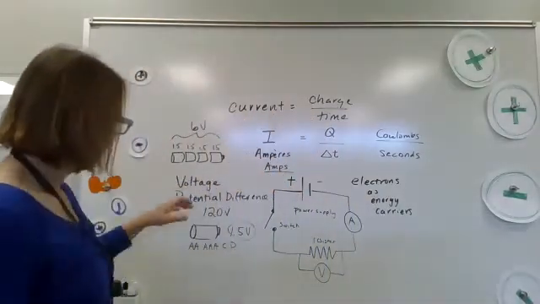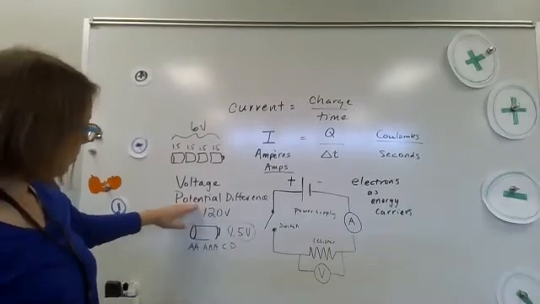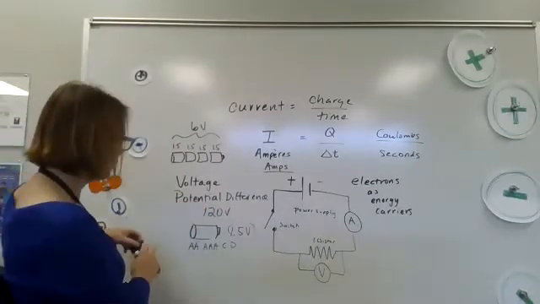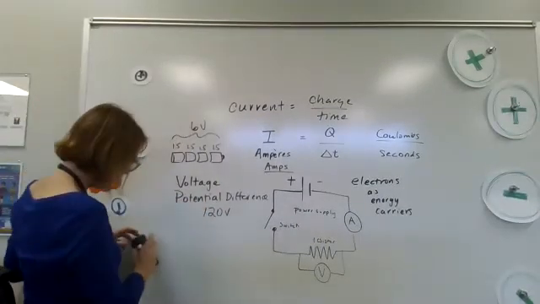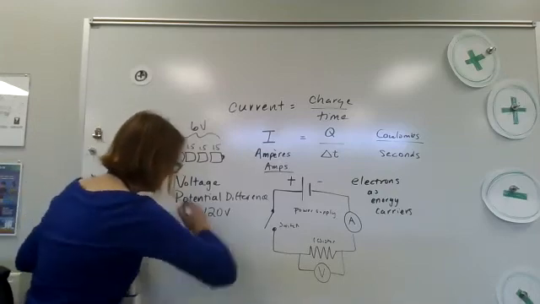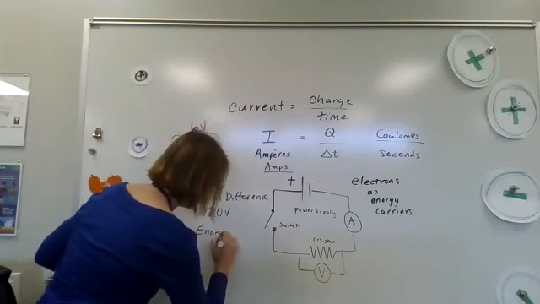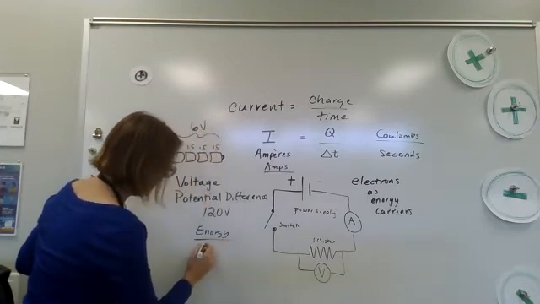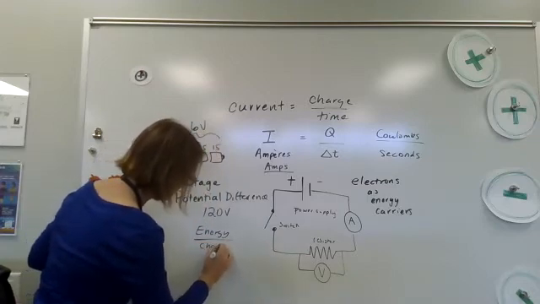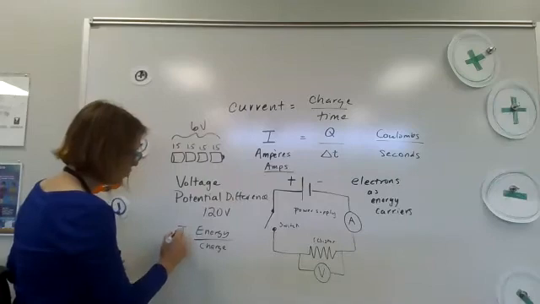Okay, so what else do we know about voltage and potential difference? We know that voltage is energy per unit charge, so it's joules per coulomb.